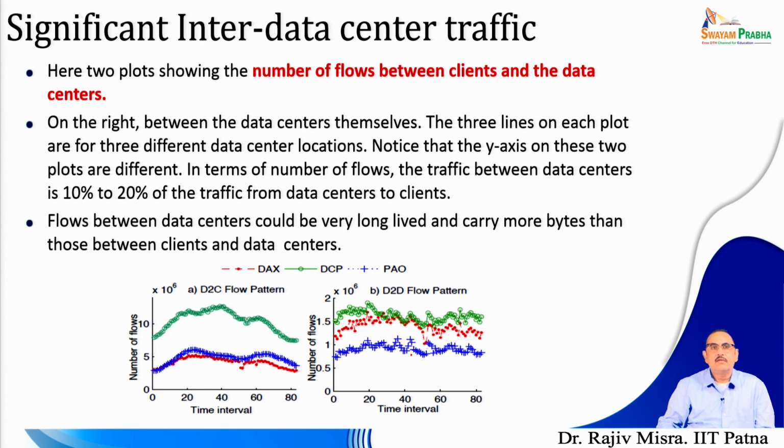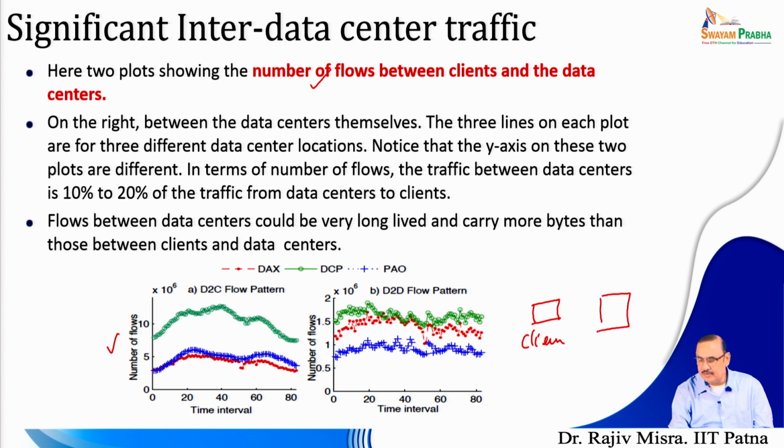Here the traffic is shown in two different figures, and this shows the number of flows between the client and the data center. The client and data center traffic is shown in this particular diagram.